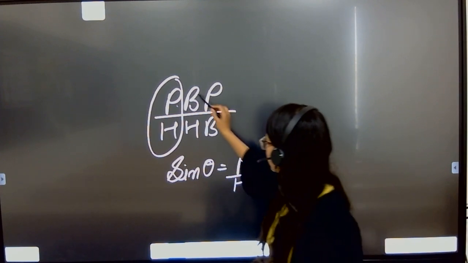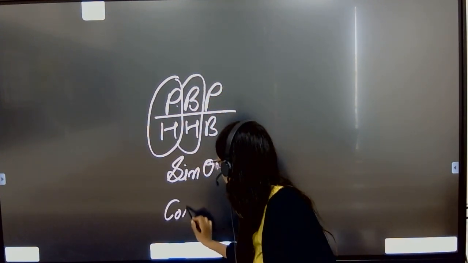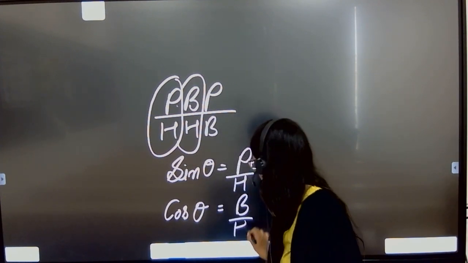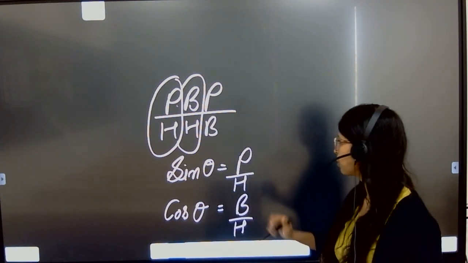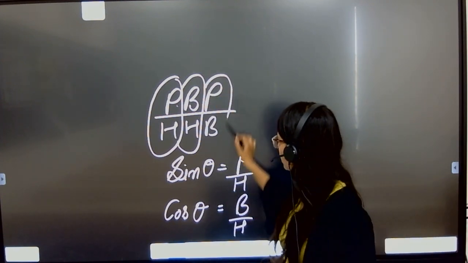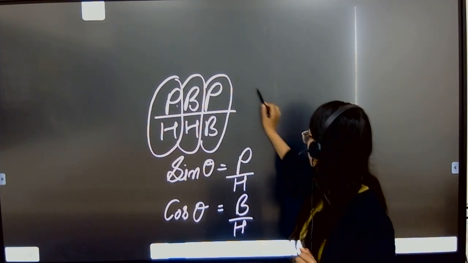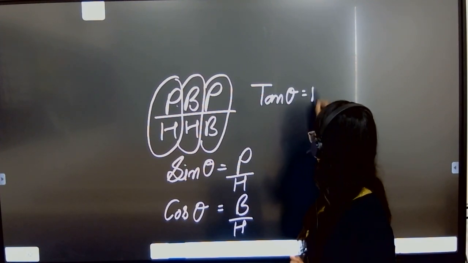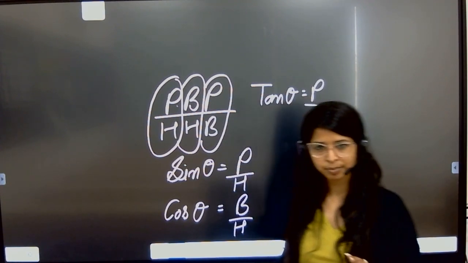Same as the next ratio, which is for cos theta. Cos theta is base upon hypotenuse. And the next one we have is perpendicular and base, so after sine and cos, we have tan theta. Tan theta is perpendicular upon base. Is this part clear?